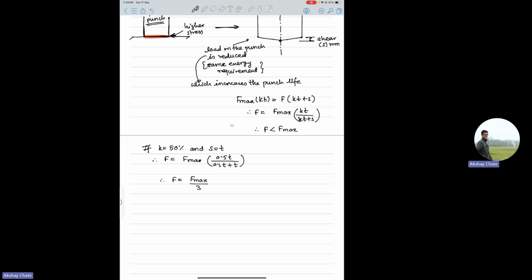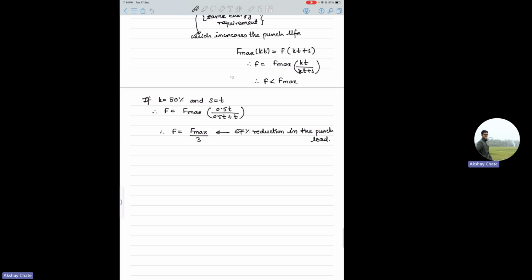That means a 67% reduction in the punch load. That's a significant one, right? So this is the advantage of providing shear.